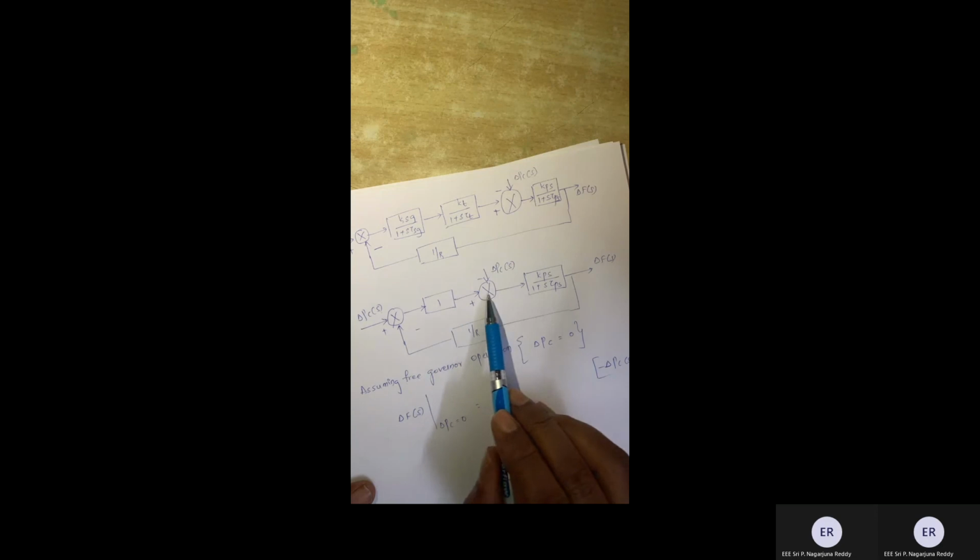So there is only one input, delta PD of S, with a negative sign. This is a forward transfer function, KPS by 1 plus S into tau PS. And the feedback is 1 by R. This is the model. This is the overall transfer function: forward transfer function over 1 plus feedback, 1 by R into KPS by 1 plus S into tau PS.